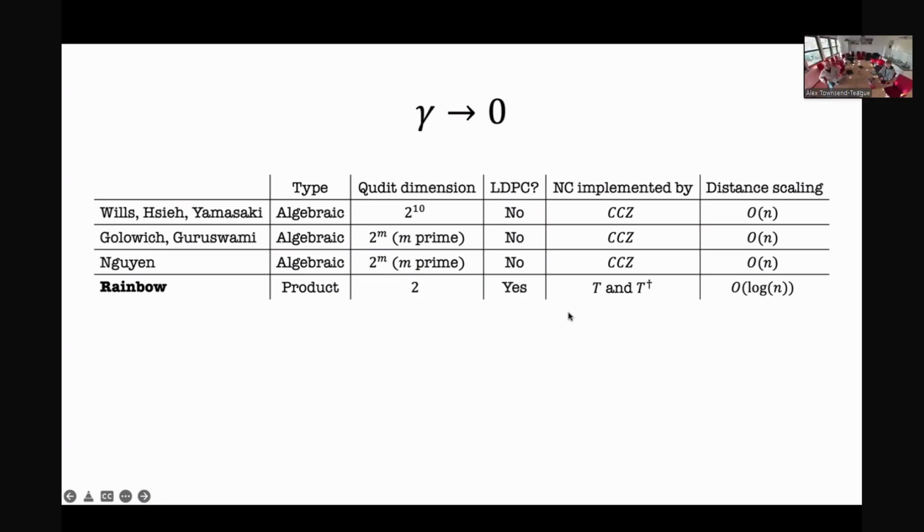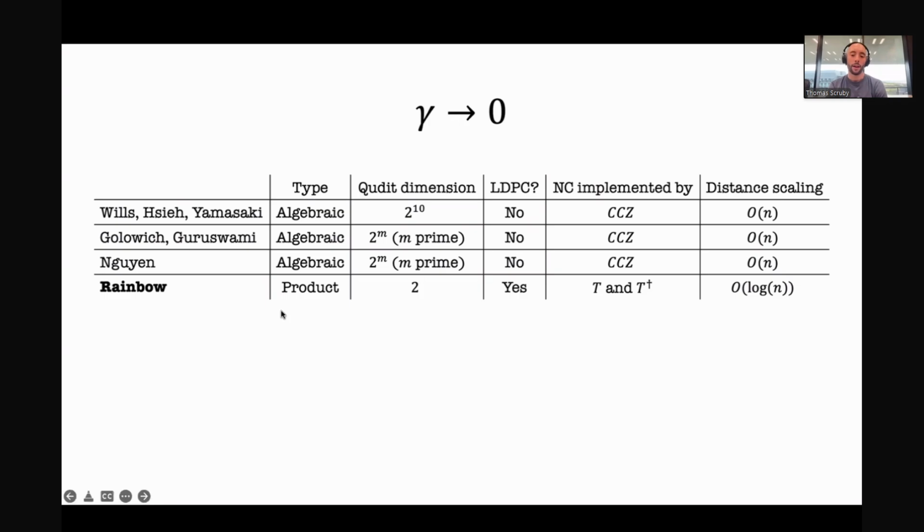But a dimension of 2 to the power of 10 seems pretty steep, no? Right. They show how to implement this by using 10 qubits to simulate the 2 to the 10 dimensional qudit. So you don't need a physical 2 to the 10 dimensional qudit.